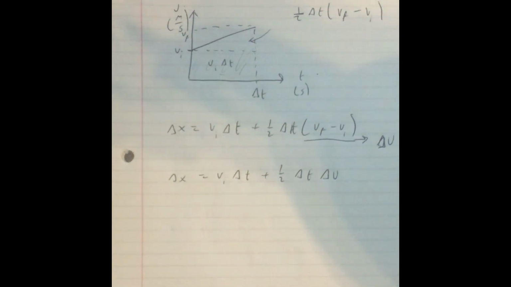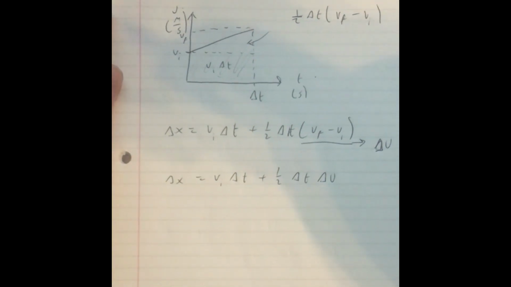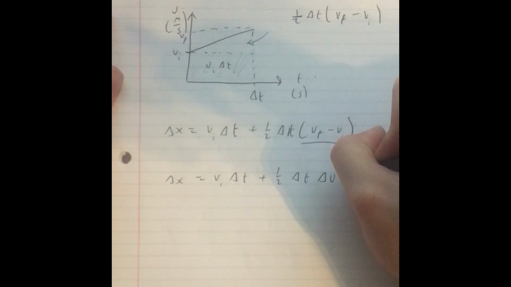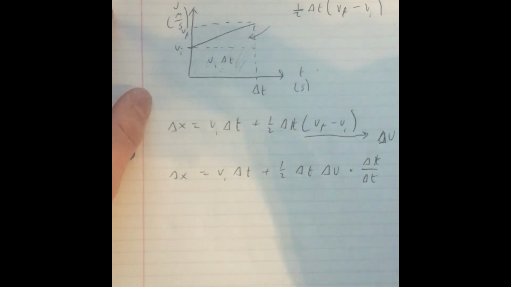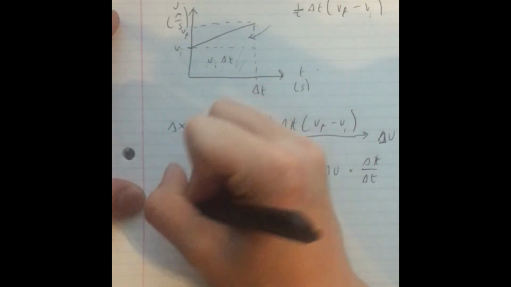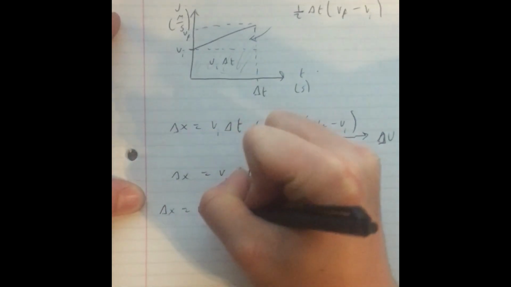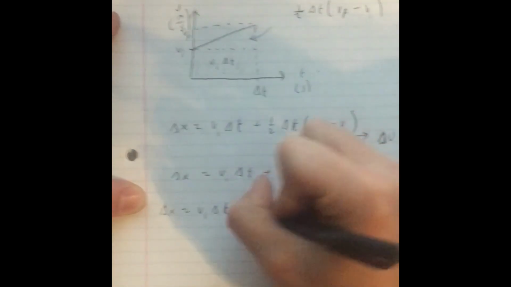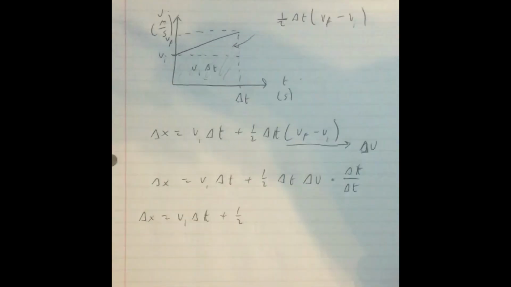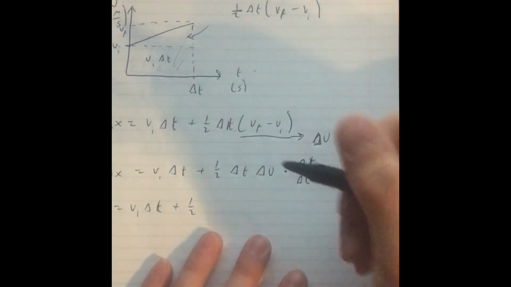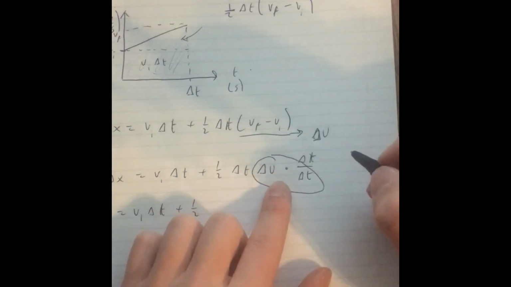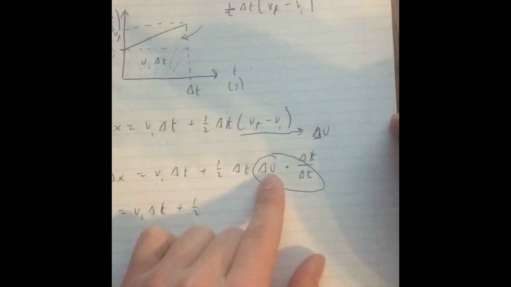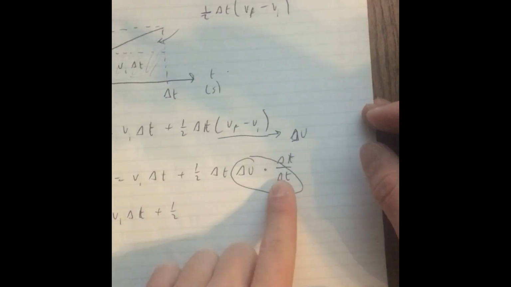And now we can do something interesting here. We can multiply here by change in time over change in time. So what we have is displacement equals velocity initial times change in time plus 1/2, and then take a look here. This is just acceleration because it's change in velocity divided by change in time.